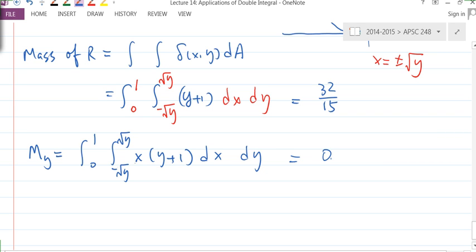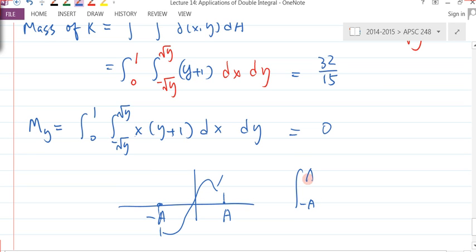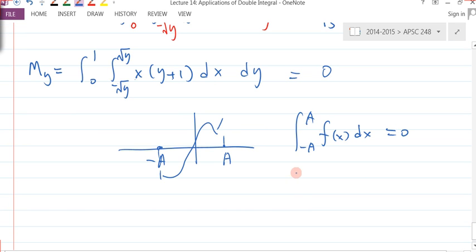Now I'm going to teach you a trick right here, but you shouldn't rely on this trick too heavily if you're not too sure. If you remember, in single variable, when you're integrating from negative a to a for a certain function f of x dx, under what condition is this 0?